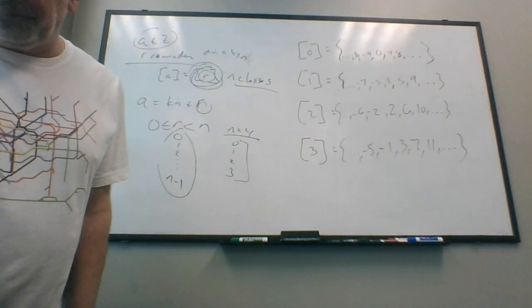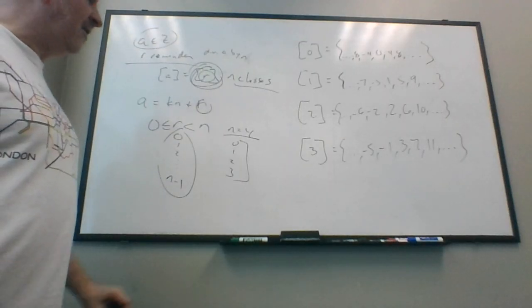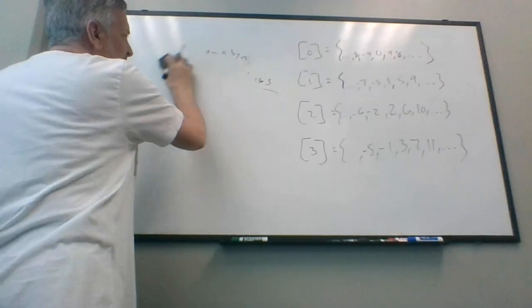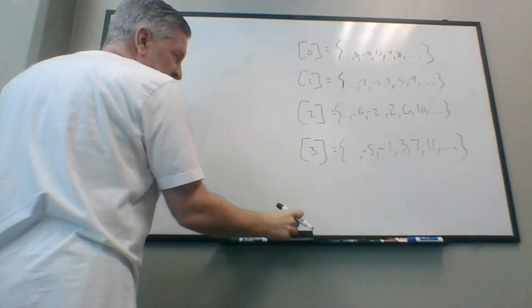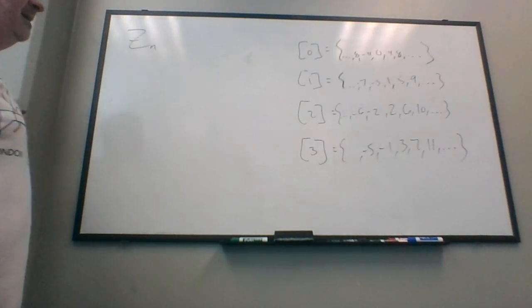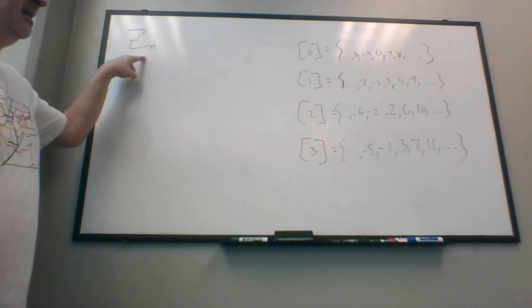Mod 4. Okay. Now the notation we use to denote the set of all congruence classes for a fixed n is Z sub n. So Z stands for the integers, the big Z, and you put in n. So big Z mod n. Okay. This means the set of congruence classes mod n.